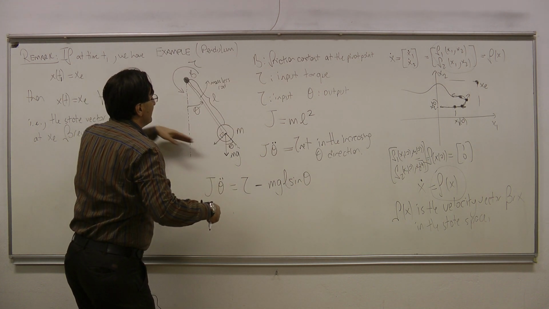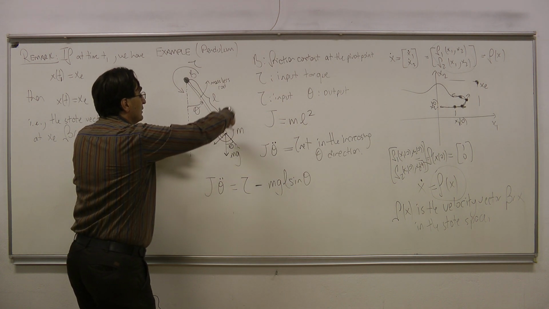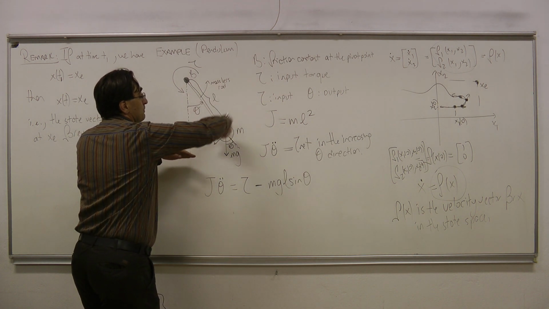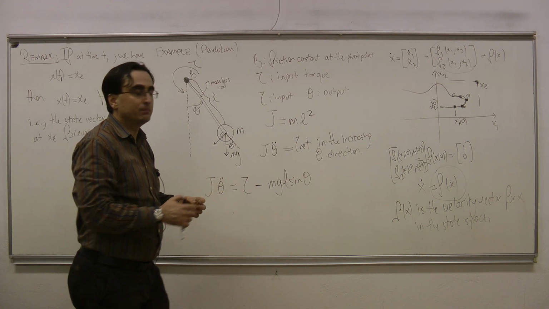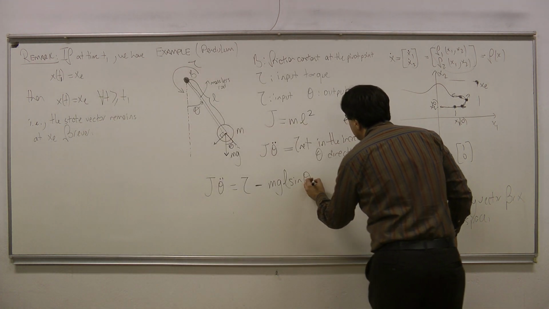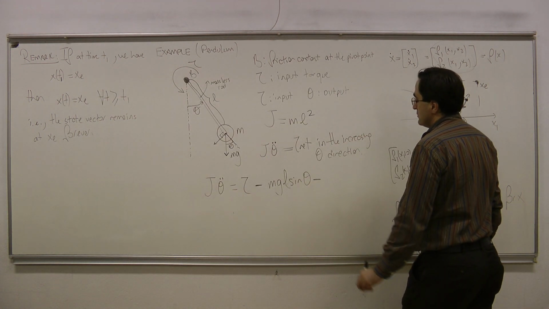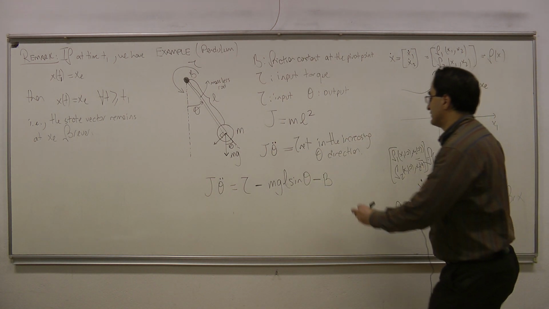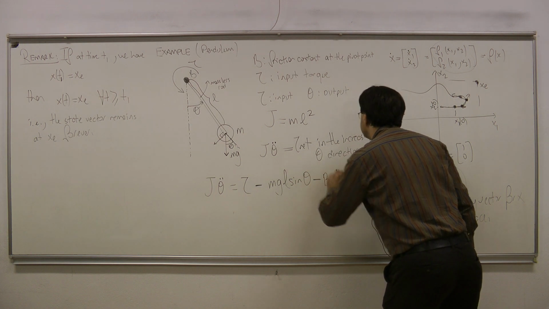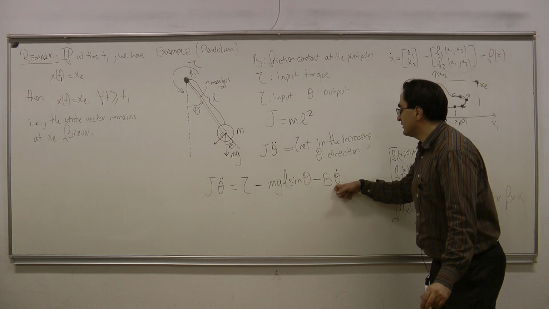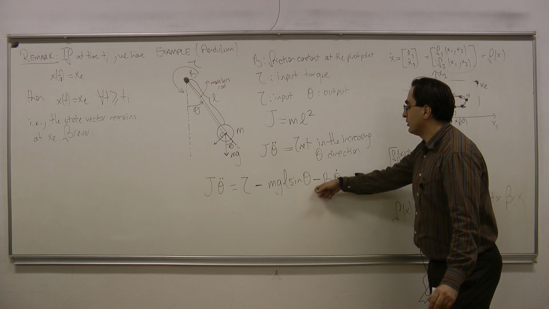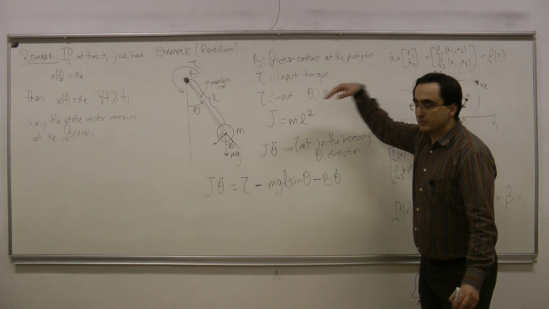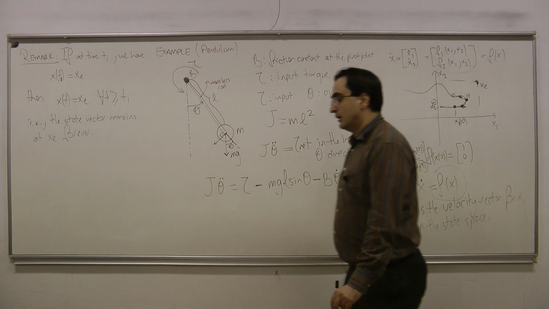So when theta dot is positive, the friction torque should point in the reverse direction. That means that I need to have here a minus sign, b times theta dot. So when theta dot is positive, the torque direction is negative, in the decreasing direction of theta.